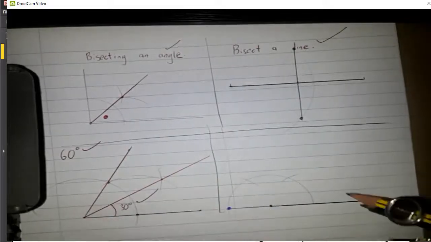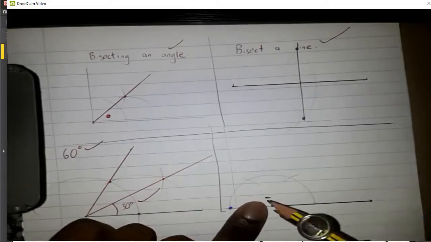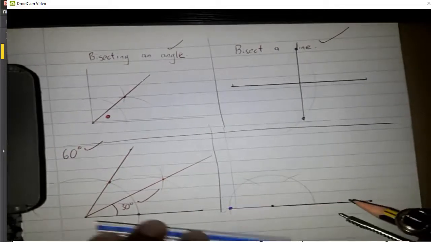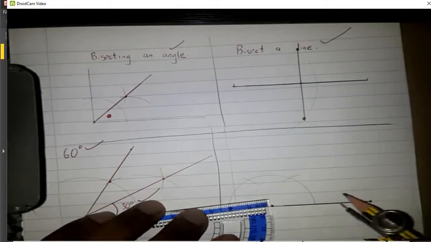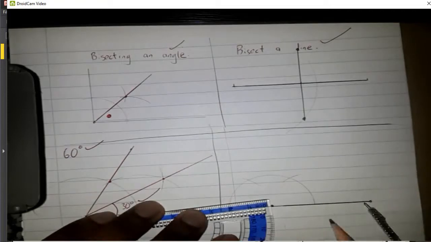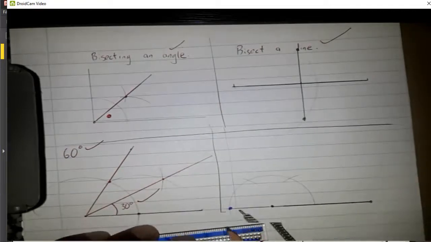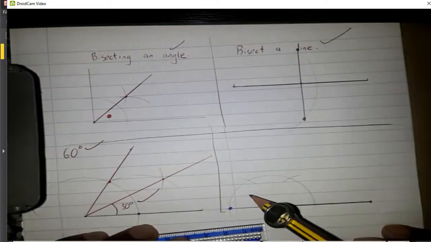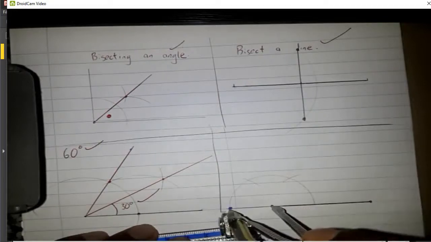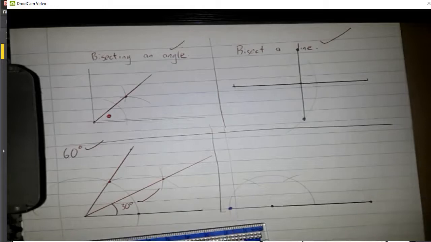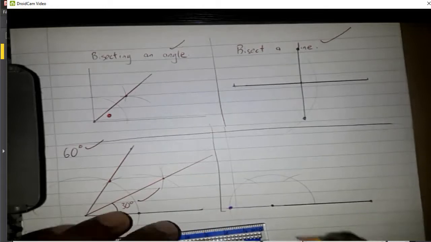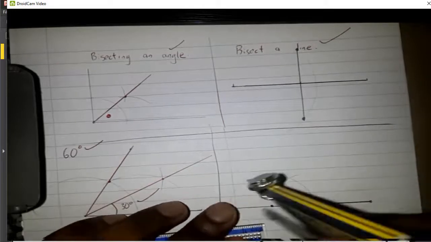Once again, let's start again. We started just with this line here, right? We extended this line such that when we draw this half a circle, it intersected there. Can you see that point there? And then we came here, cut.